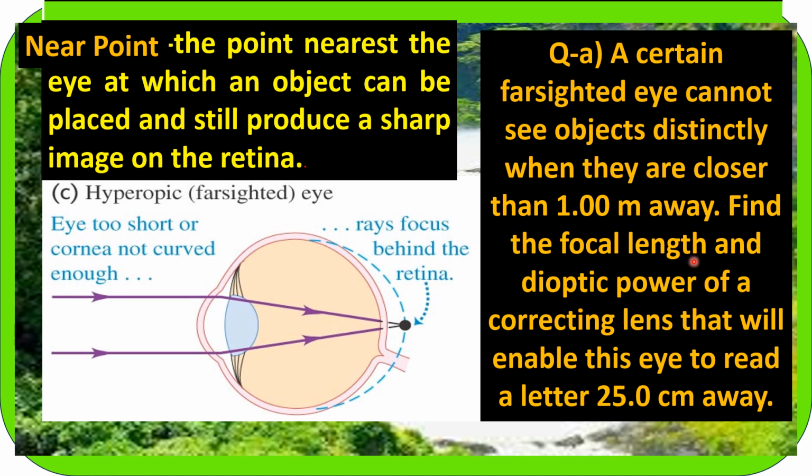If the object is located, for example, 25.0 centimeters away from the eye, the lens focuses the rays behind the retina. Alright? Because it so happens that the eyeball is too short or that the cornea is not curved enough. So the rays are focused behind the retina instead of on the plane of the retina.